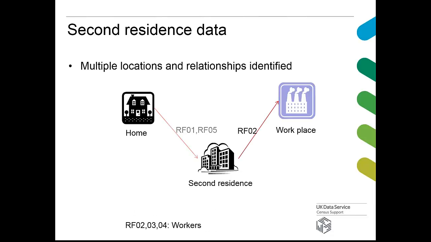I've got a diagram here that tries to explain the relationships for the second residence data, because they're a little complex. Some of the tables show the movement from your home to your second residence for those people who indicated that they had a second residence. Others show the flow from the second residence to the place of work.